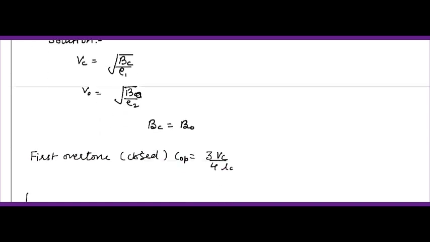Now the first overtone for the open organ pipe is equal to 2 V naught by twice the length, L naught.